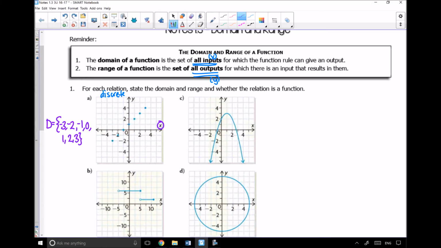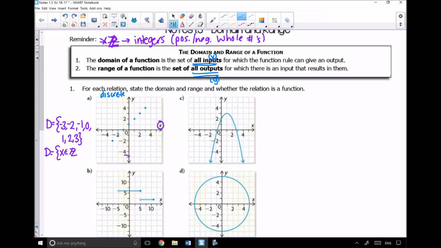The other way to write my domain, instead of listing it out, and this notation is going to be a little bit different than what you guys are used to, is that my x values are going to be an element of the integers. I want you to write yourselves a note that capital Z, like a double bar line Z like this right here, just simply means integers. Remember, integers are just positive and negative whole numbers, okay?